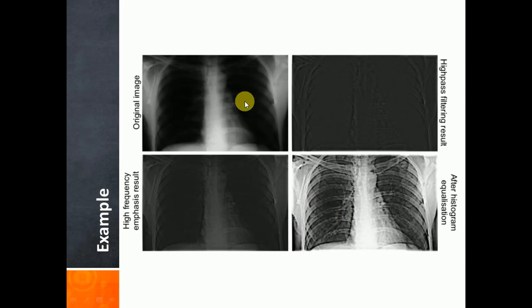This is one example: this is the original image, this is the high pass filtering result. Again, not much is visible here. Again, this is what you do after histogram equalization. Notice a lot of things become clearer from the original image to the one that you see in the bottom right after doing histogram equalization.